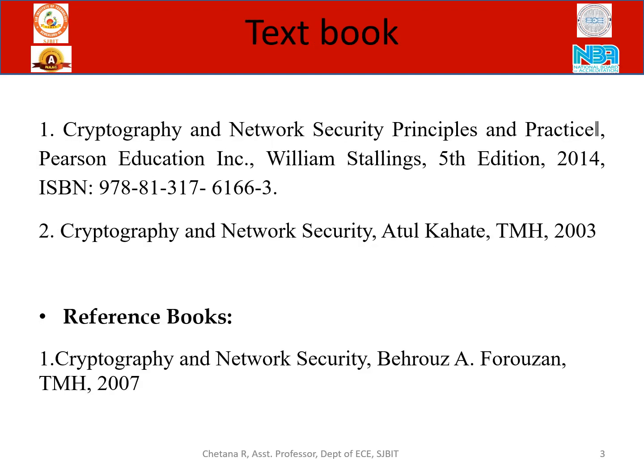The textbook and the references are shown here. We have Computer and Network Security: Principles and Practice by Pearson Education, and the author is William Stallings, which is the 5th edition. Along with this, we have Cryptography and Network Security by Atul Kahate, 2003 edition, TMH.